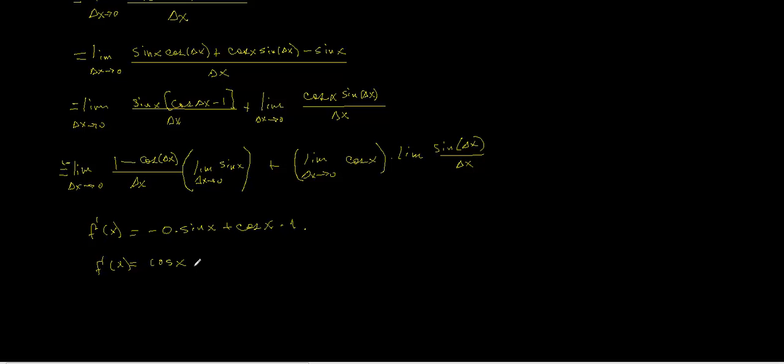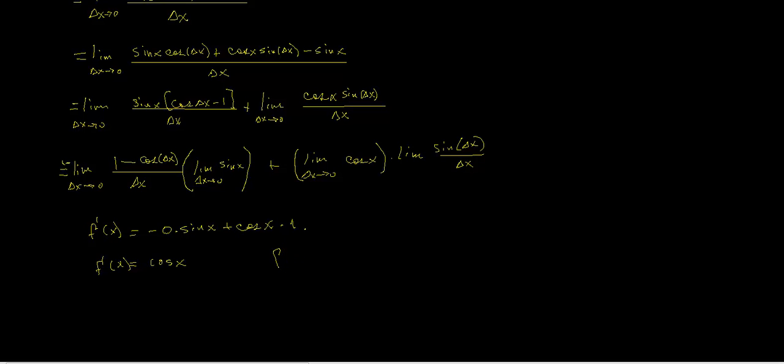Now you're probably wondering, well, how do you prove that the derivative of cosine of x is the negative of the sine of x? You can also prove that. I'm sorry, let me go back here one second.